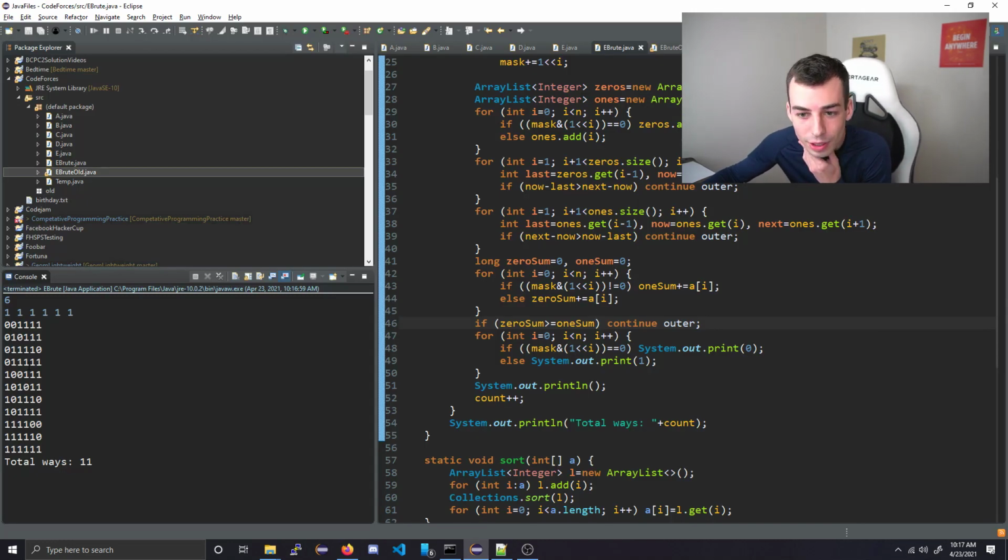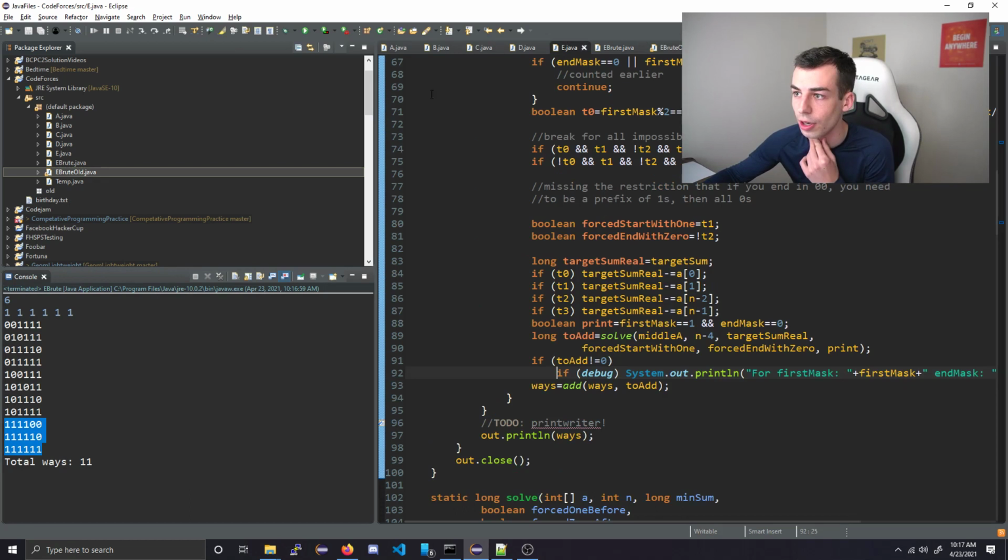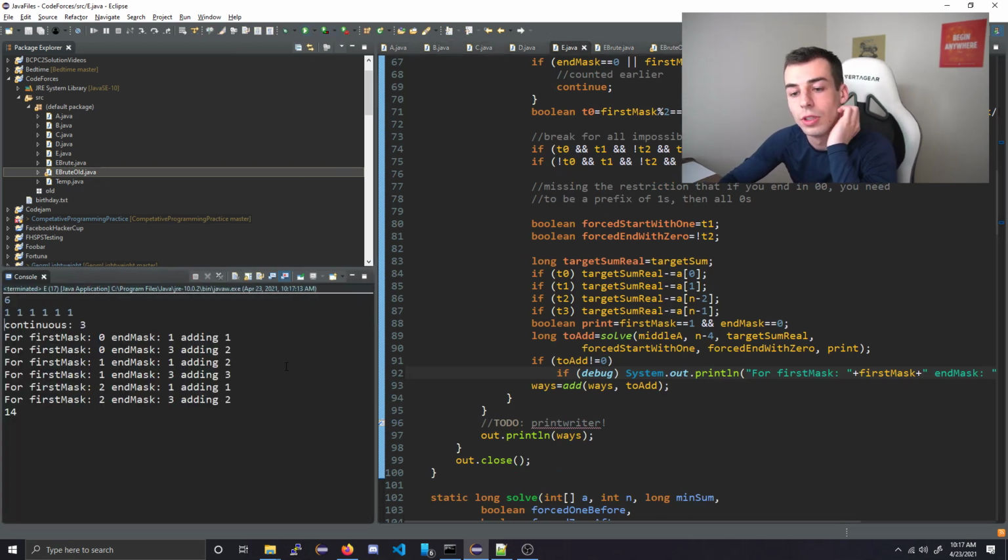Oh no. So there are, yeah, there are 3 continuous. Okay. All right. What else? So first mask is 0, 0, 1, 0. There's one way. 0, 0, 1, 1. There are 2 ways.